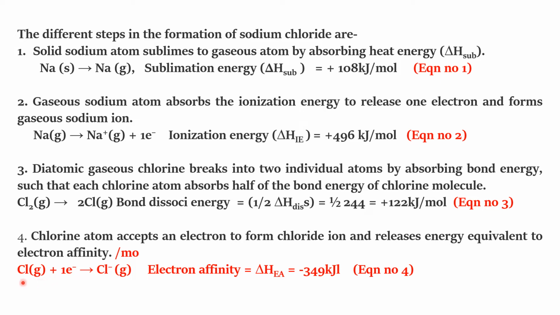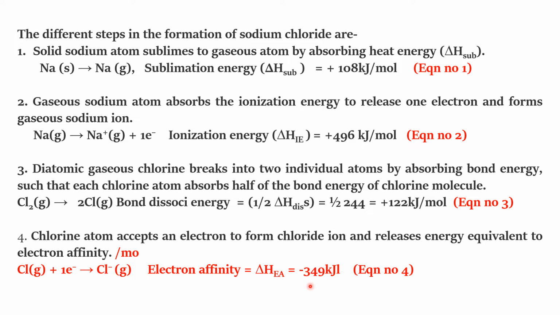So this is a neutral gaseous isolated chlorine atom. When it adds one electron to its orbital, it becomes Cl minus. So some energy will be released during that particular formation, and that is the electron affinity. See, the value is negative.